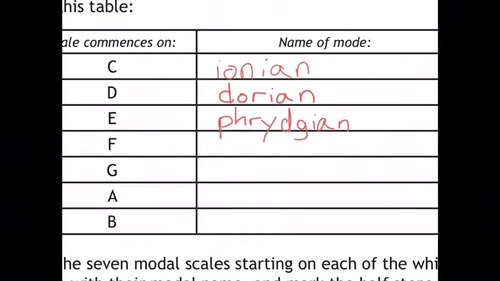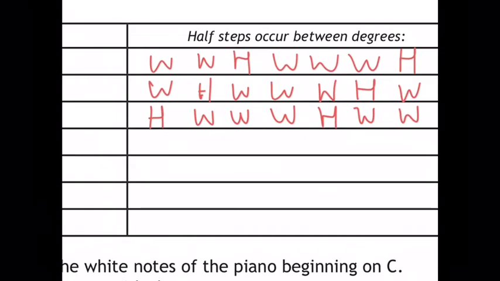Okay. The one starting on scale degree 4 is called, I'll use my red pen again, Lydian. Just like every other time, the first interval gets kicked to the end, and these ones move to the left.